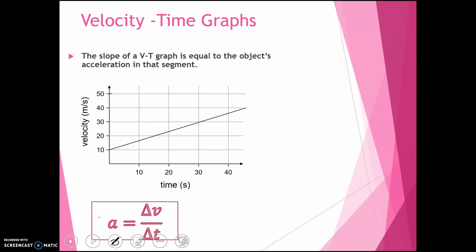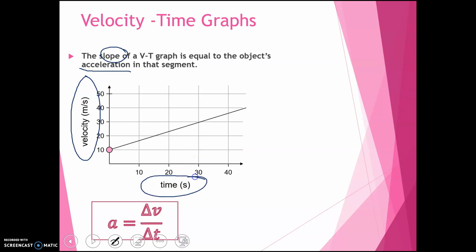All right. These velocity versus time graphs, if you have the data and you have a line drawn, you can find the slope of the graph. And the slope of a velocity versus time graph is going to be equal to the object's acceleration, and I will show you. So remember that acceleration is equal to the change in the velocity divided by our change in time.